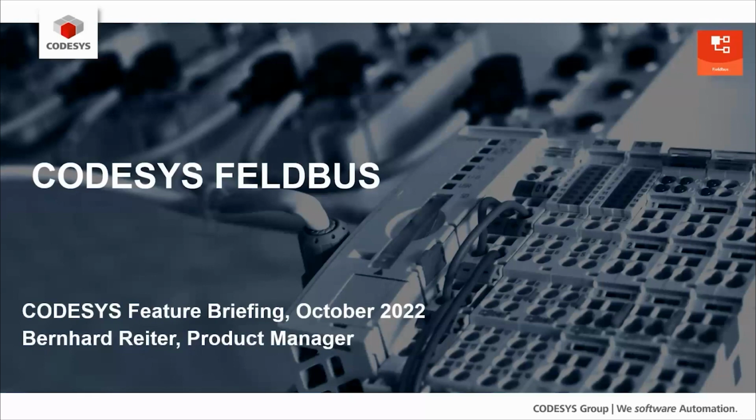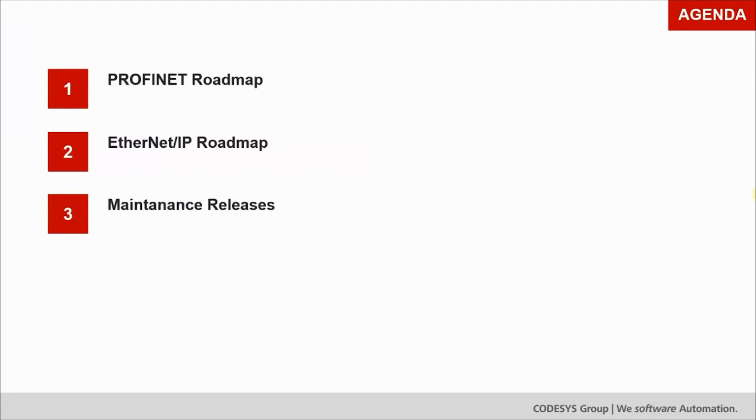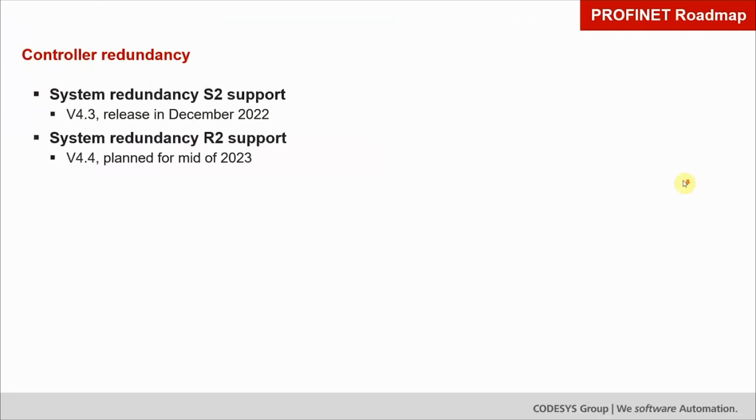Hello, my name is Bernhard Reiter, and in the following few minutes I will give you a quick overview of our activities regarding the CODESYS Fieldbuses. For Profinet, our main goal is to support and improve the redundancy features available and defined in the Profinet standard. On the controller side, we will implement the system redundancy S2 support and also system redundancy R2 support.